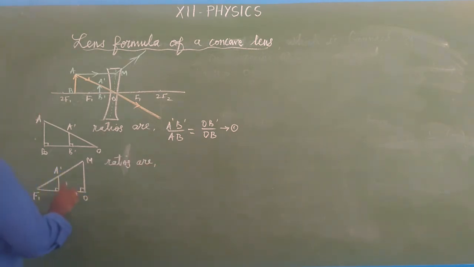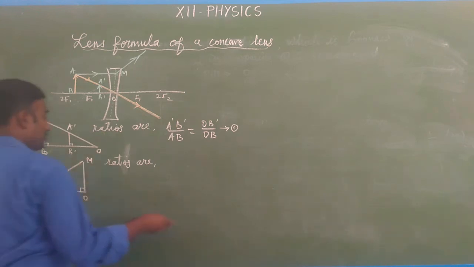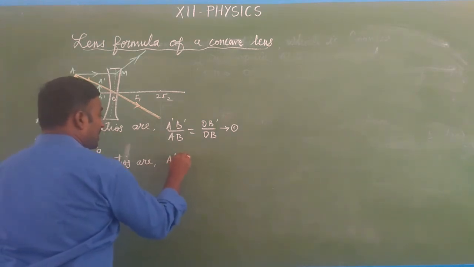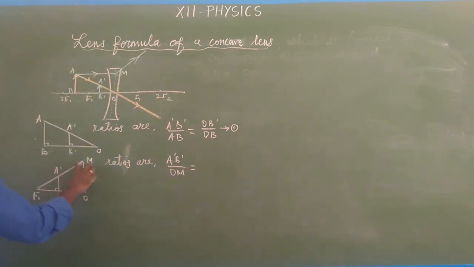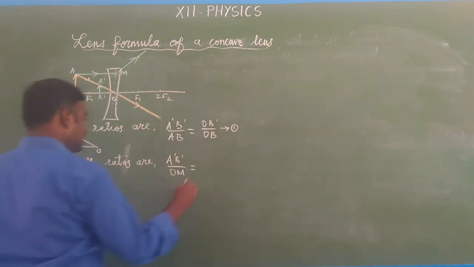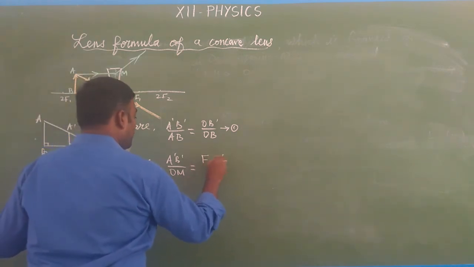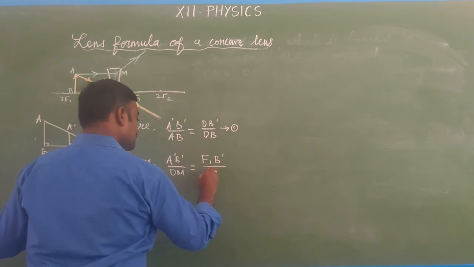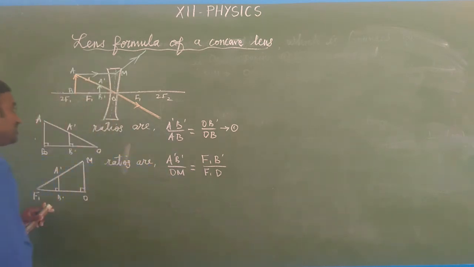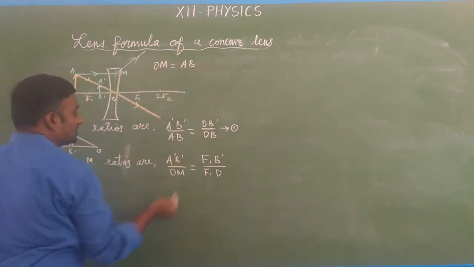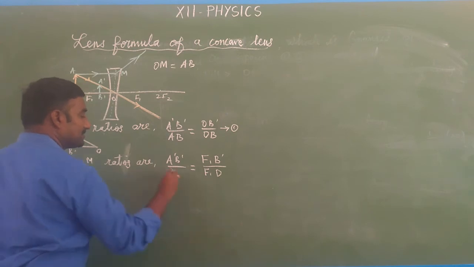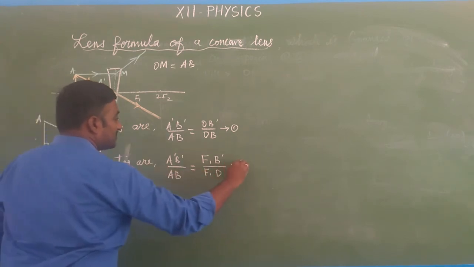What are the ratios? A'B' by OM is equal to F1B' by F1O. But one small change: OM is parallel and equal to AB. So instead of OM, we can write AB. This is equation number 2.